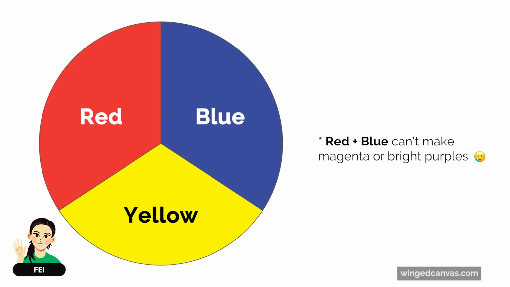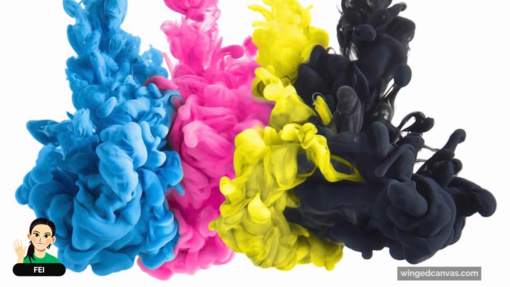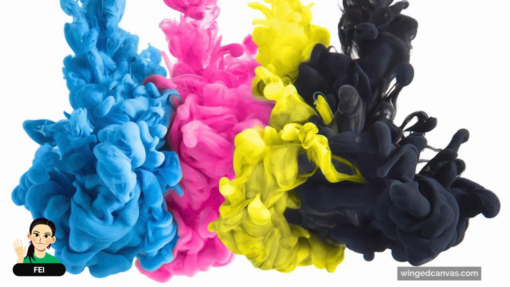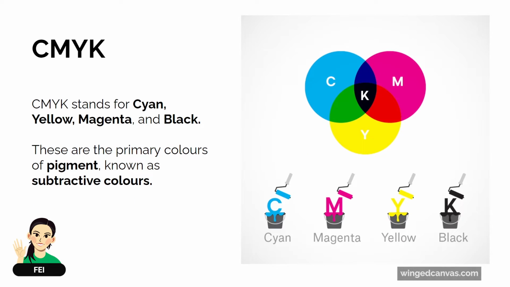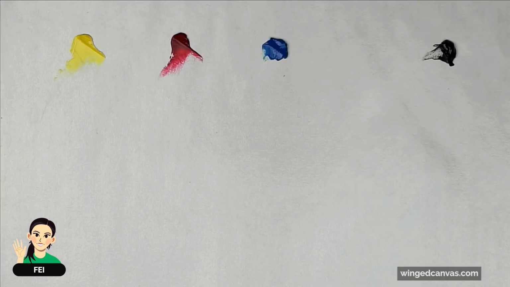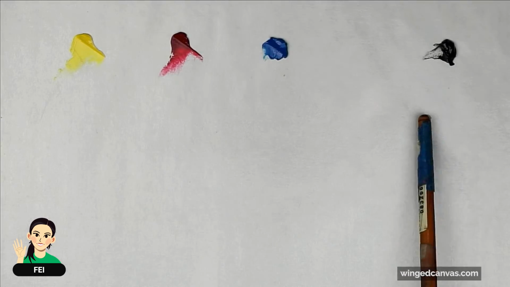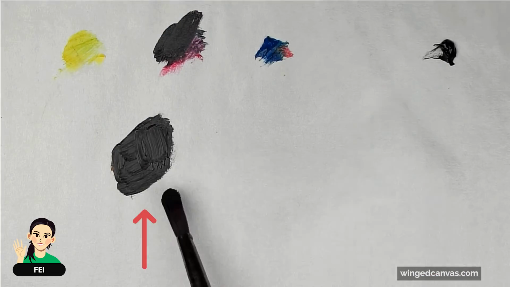The reason why is because cyan, magenta, and yellow are actually the purest primary colors that are found in pigment. It's called a subtractive color wheel. Okay, so light is additive and pigment is subtractive. You'll notice that if you mix magenta, cyan, and yellow together, you kind of get a dull black.